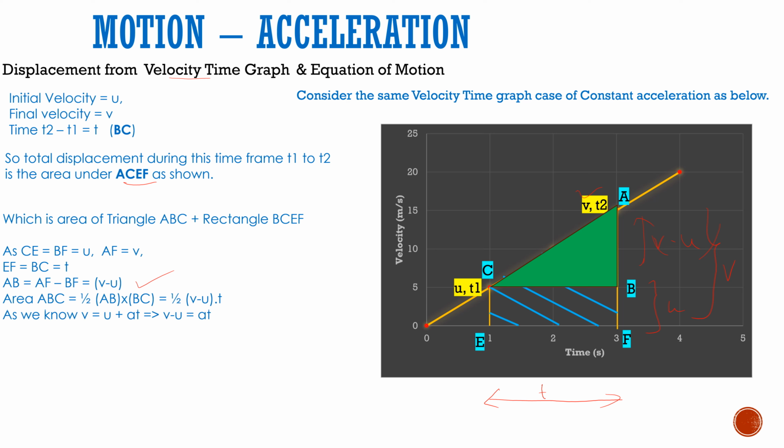Now from the previous equation of motion, we already know v equal to u plus at, or v minus u is equal to at. So the area of triangle ABC comes out to be 1 by 2 at squared. Half at squared is the area of the triangle ABC.